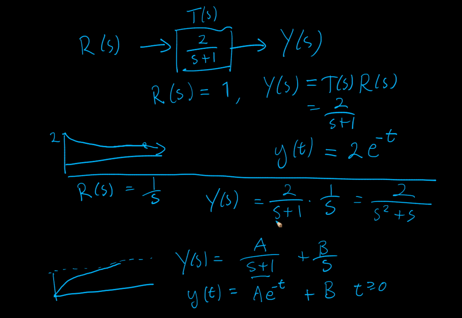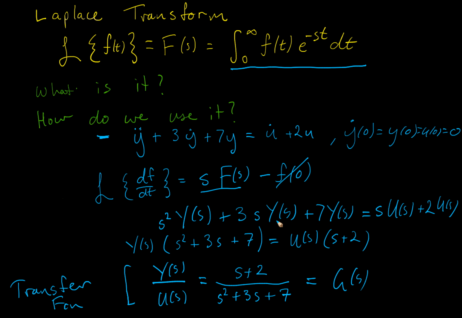So what have we done here? We've used the fact that the Laplace transform allows us to convert differential equations into algebraic equations, and in particular gives us transfer functions. Transfer functions are the ratio of the Laplace transform of the output and the input, and that's going to be written as a ratio of polynomials. Transfer functions for linear time invariant systems are always ratios of polynomials.